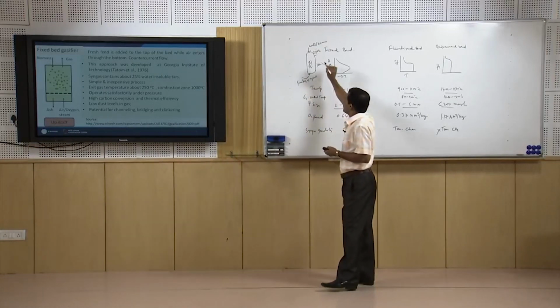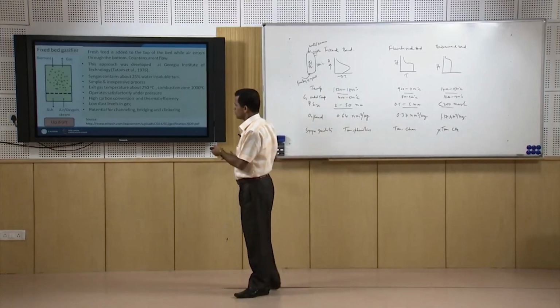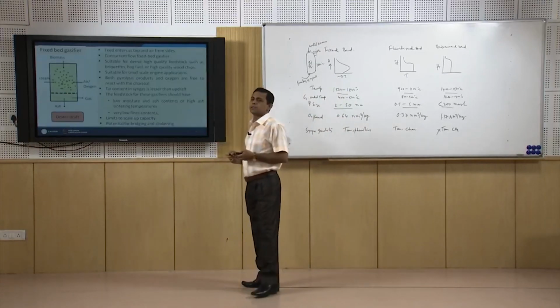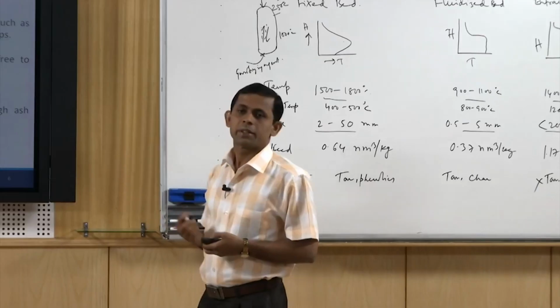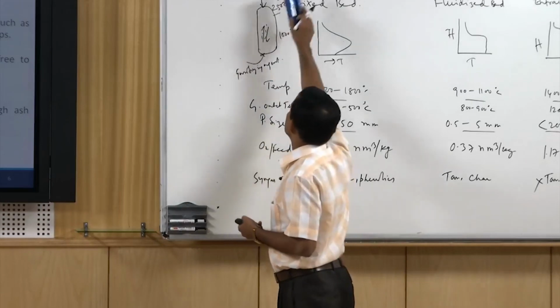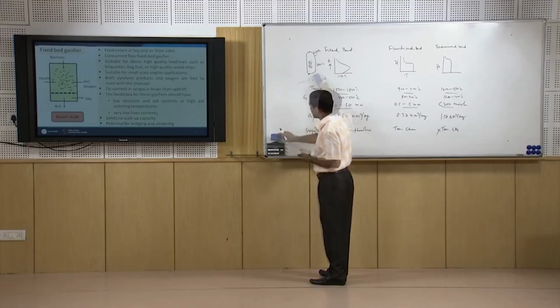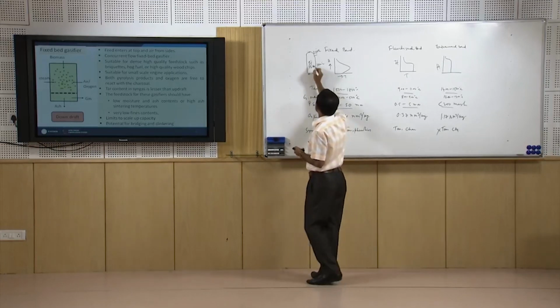And to remove this disadvantage of the updraft gasifier, as shown here, the new development was the downdraft gasifier. In the downdraft gasifier, the waste is put from the side and the gasifying agent is also put from the middle part.